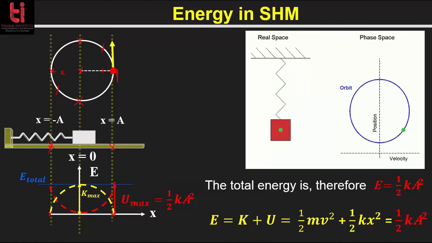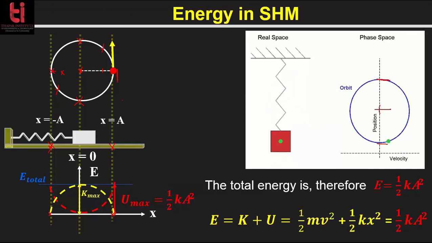Here in this cartoon, the real space and the phase space representation of the simple harmonic motion is shown. So here this is the equilibrium position. That means at this position x is equal to 0, that is, the displacement is 0 here, and these two are the two limits of the motion.